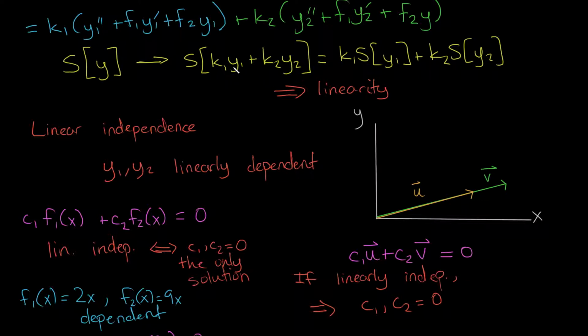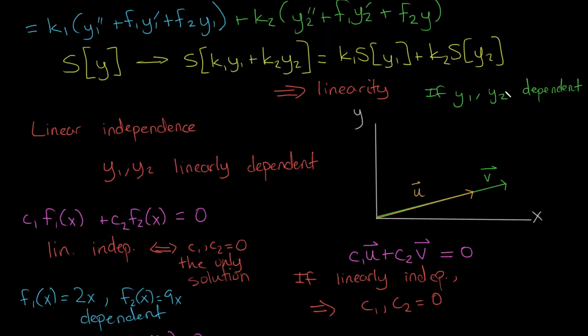What it means is that k1 y1 plus k2 y2, if y1 and y2 are dependent on each other, then it's really not that exciting to say that some constant times y1 plus some constant times y2 equals this.